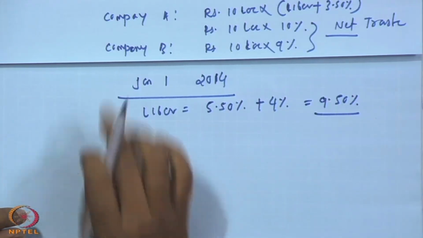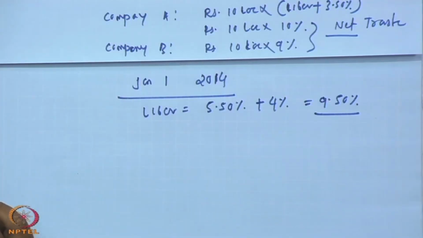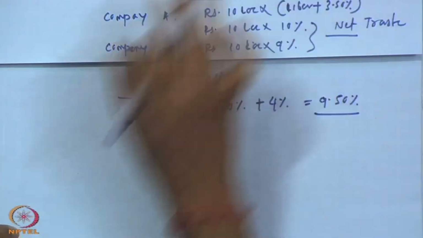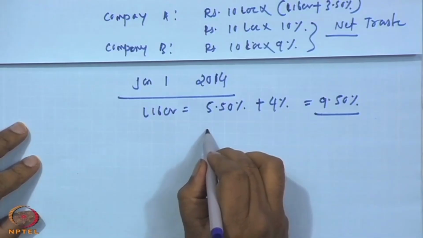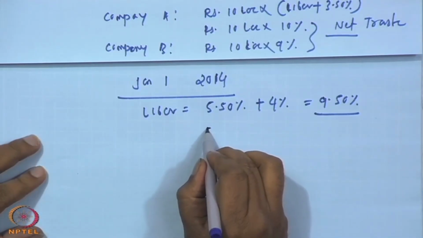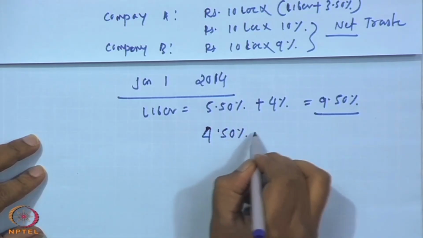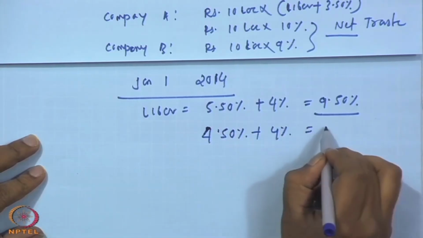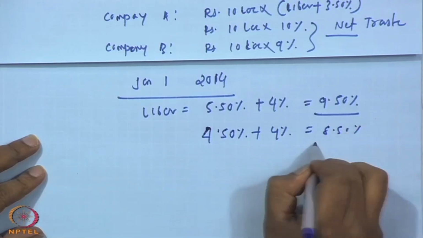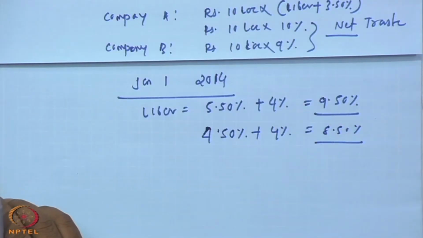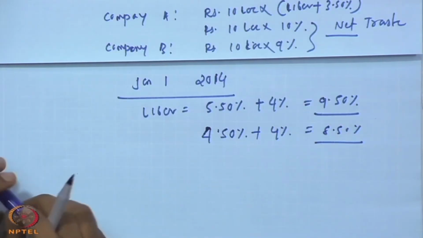Again company B is getting the benefit. But when LIBOR becomes less than 5%, suppose 4.5%, then plus 4%, that is 8.5%, only then will there be profitability for company A. So the fixed and floating interest rate swap is beneficial for both parties, but depending upon the fluctuation of LIBOR, it determines who gets the most benefit. Thank you.